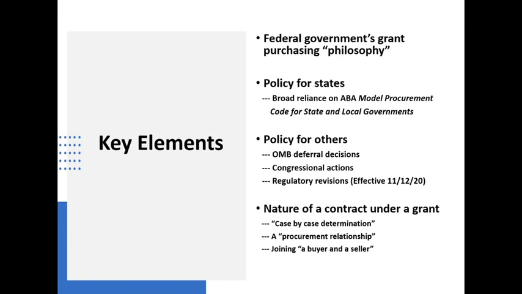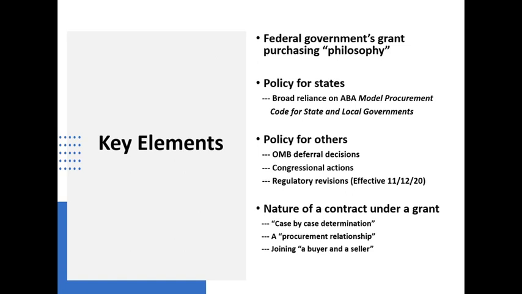But OMB, the Office of Management and Budget, differentiates for purchasing purposes between what the state governments can do and what others can do. Now, the reason they do that is, among other things, most of the states have adopted purchasing procedures that were modeled on something called the Model Code for State and Local Governments.